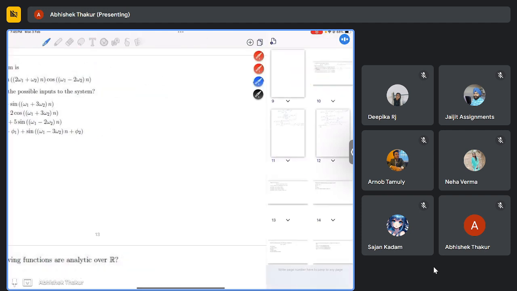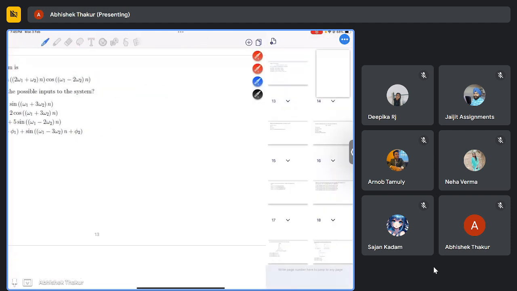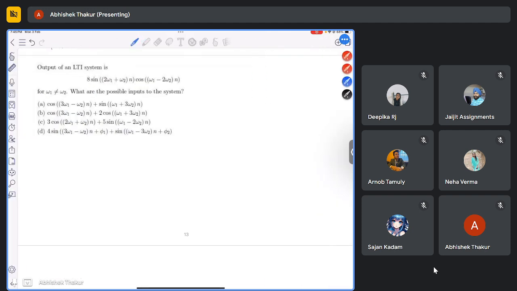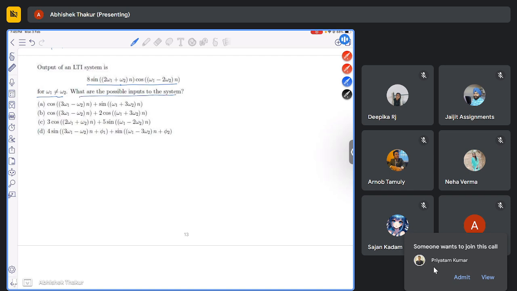Coming to the next question: the output of the LTI system is this. For omega 1 not equal to omega 2, what are the possible inputs to the system?